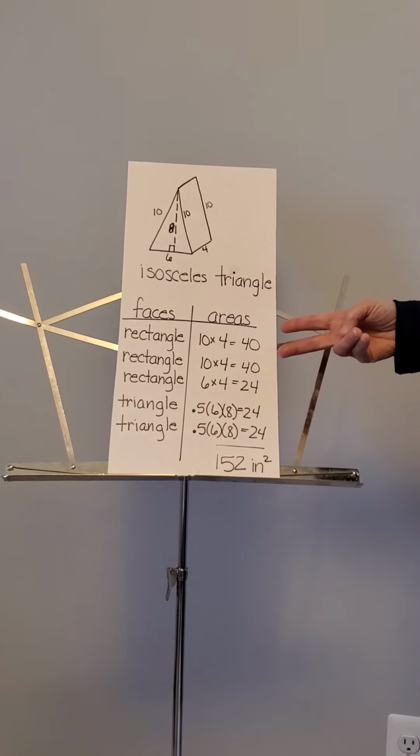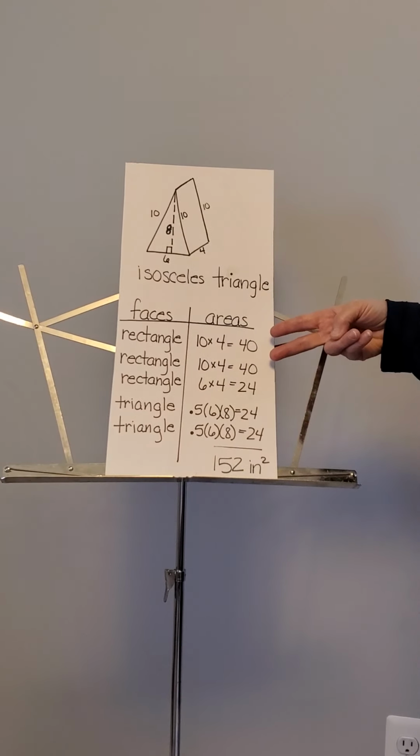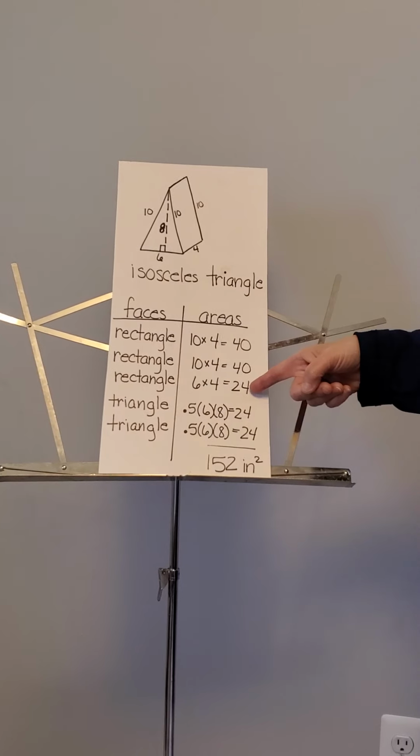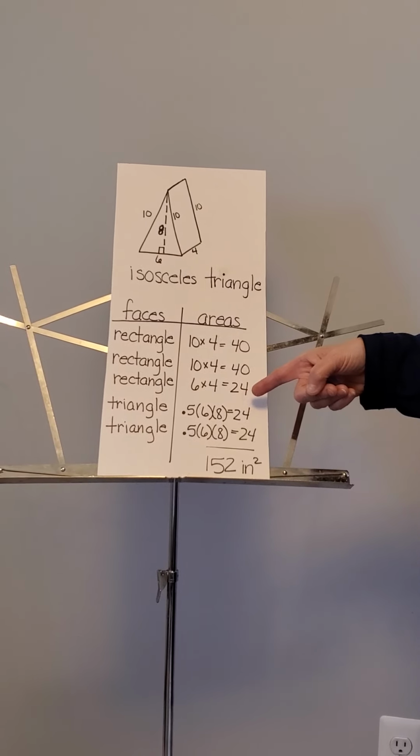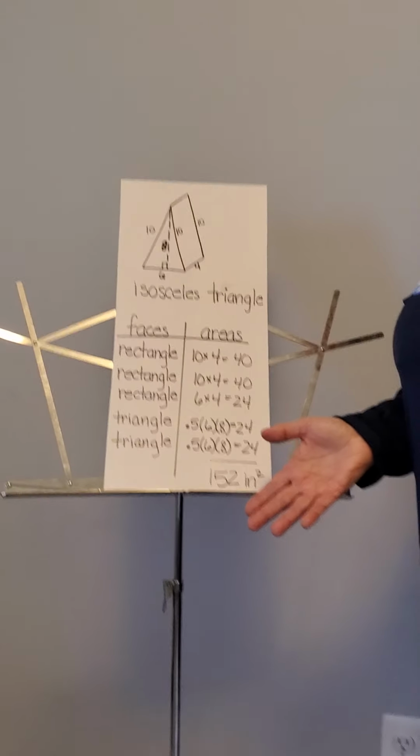Again, isosceles means there would be 2 rectangles that are congruent. The third rectangle is not equal to the other 2. So with a scalene triangular prism, you would have 3 different sides and 3 different rectangular areas. However, those triangular parts are always congruent. The front and the back triangles are congruent always.